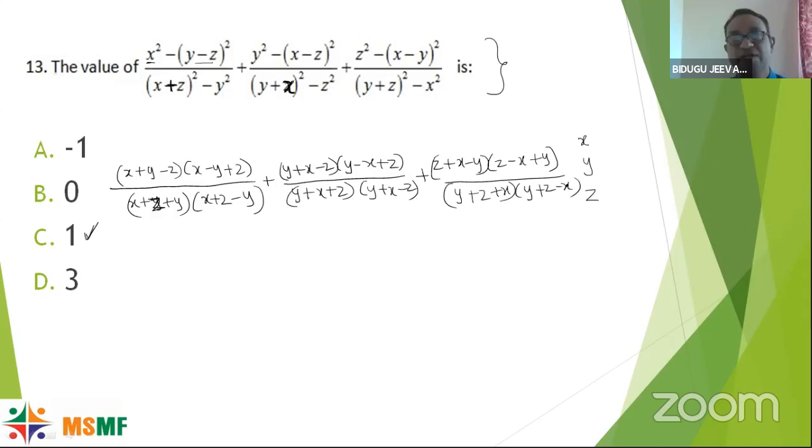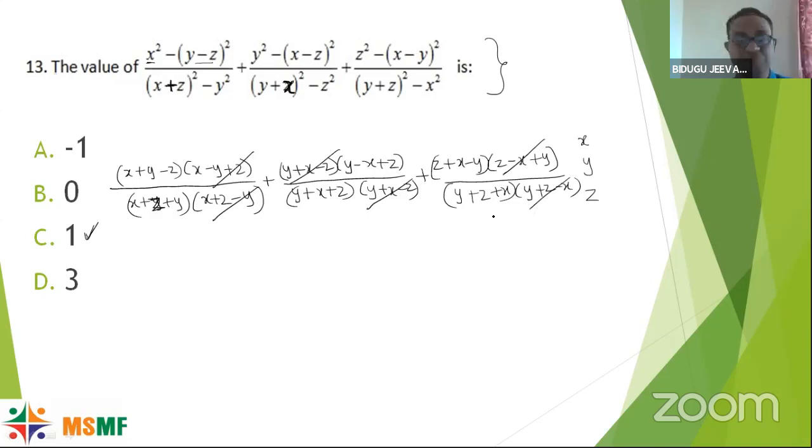If you look at it very seriously, I think these two terms get cancelled and these two things also get cancelled, and xz, zy, these two things get cancelled. What is the remaining? Of course, everything is the same. x plus y plus z.